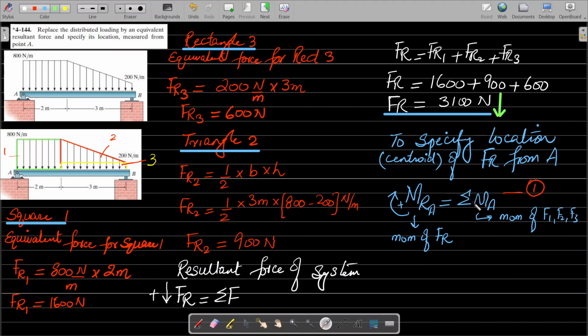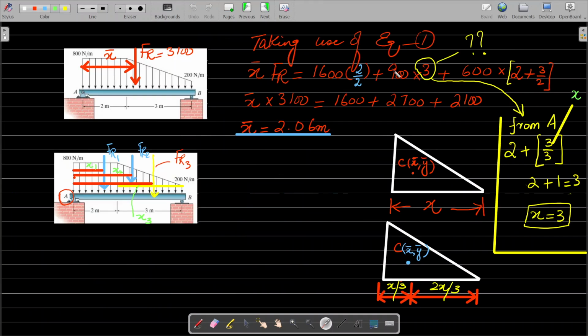Using this equation, we go to the next page, and here the moment of the resultant force will be Fr into x bar, which is shown over here, and it will always be equal to the individual moments created by the square, rectangle and triangle. The moment of the square will be 1600, times half of 2, which is 1.